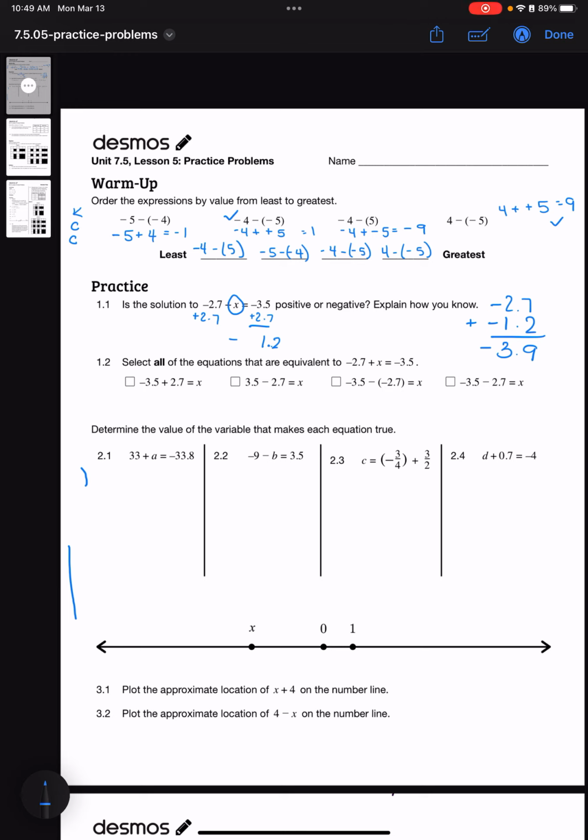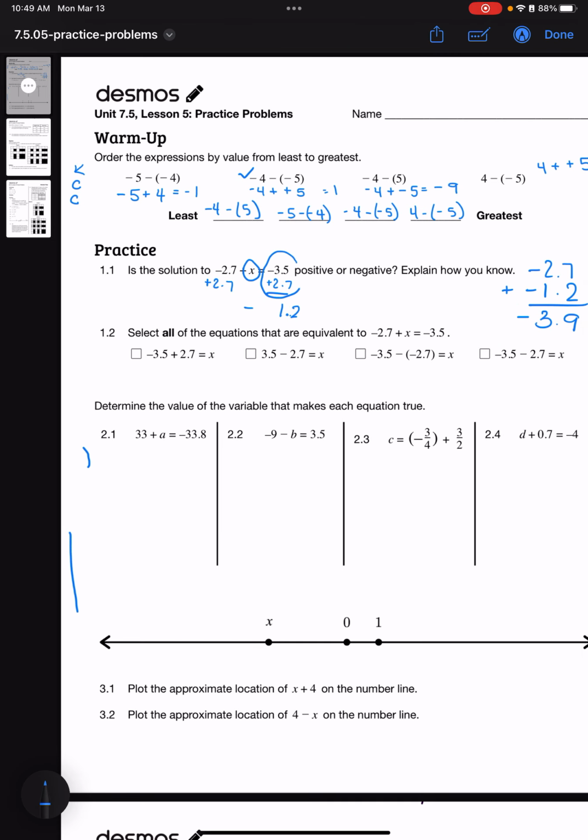Good. Now select all of the equations that are equivalent to -2.5 plus x equals 3.5. So let's take a look. -3.5 plus, so this is what we ended up doing to solve it.